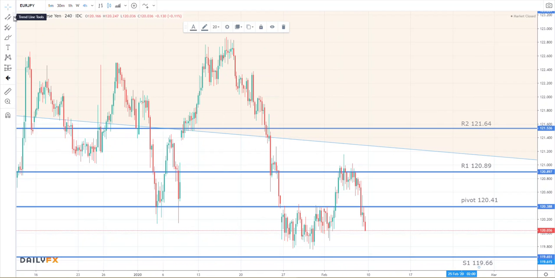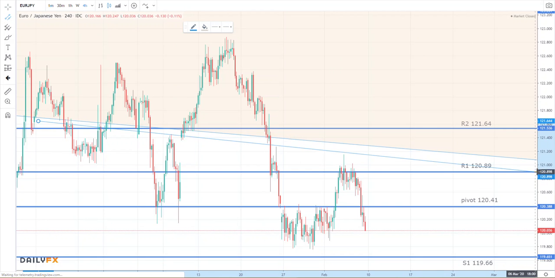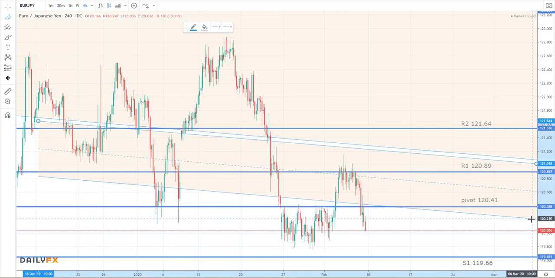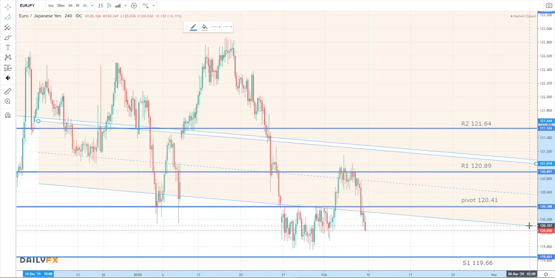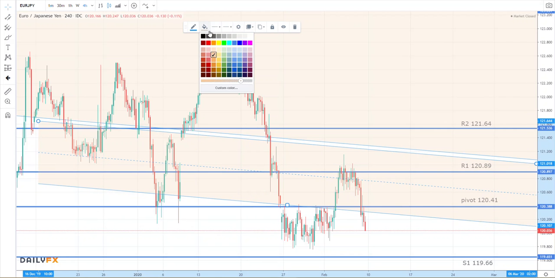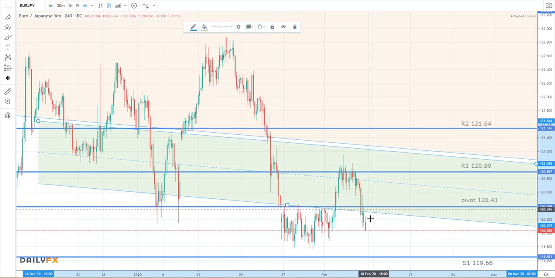Let's go ahead and draw one more parallel trend channel, because I want to know when my next good spot to buy in is. Okay, it's right about there. I'm going to change the color of this, and this is my near-term trend channel.